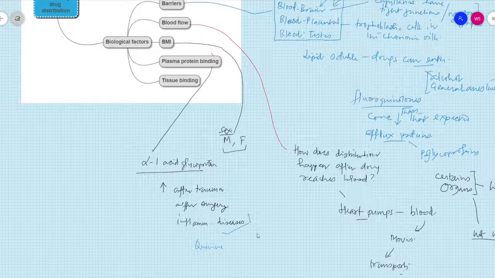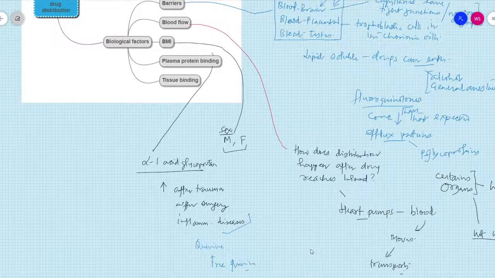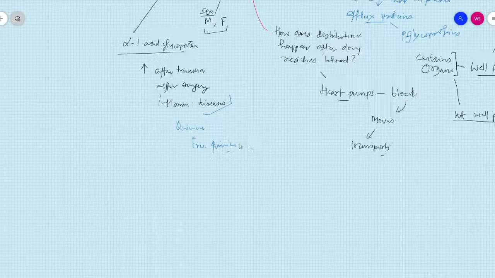Alpha-1 acid glycoprotein has increased, so whatever quinine we give is going to be bound by this extra alpha-1 acid glycoprotein. Consequently, the free quinine, which is the active drug, decreases.